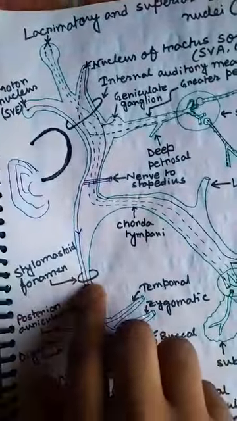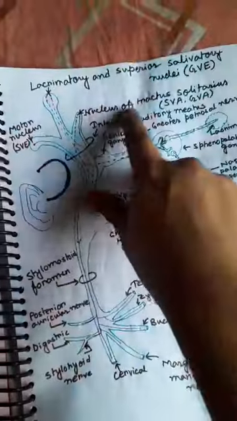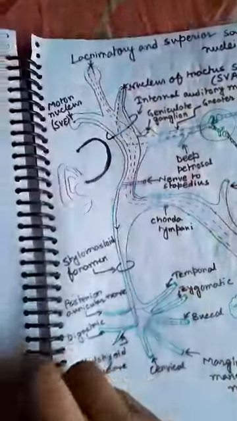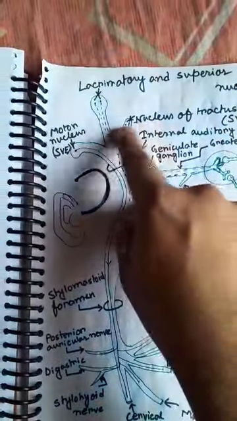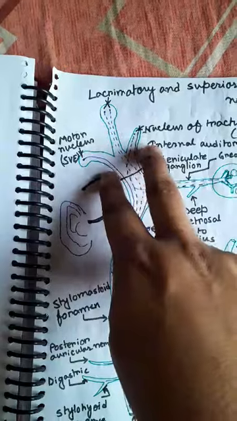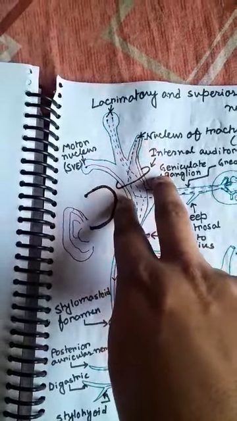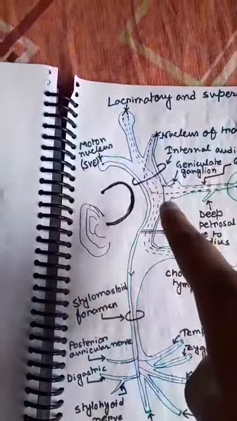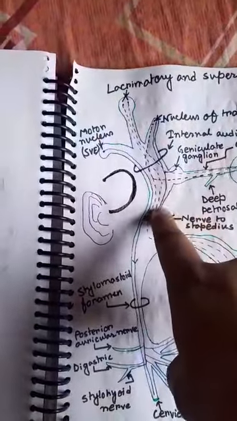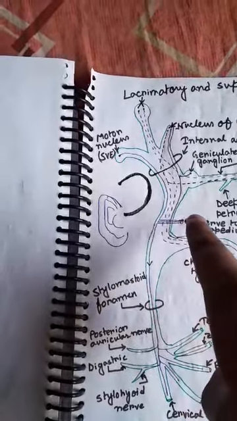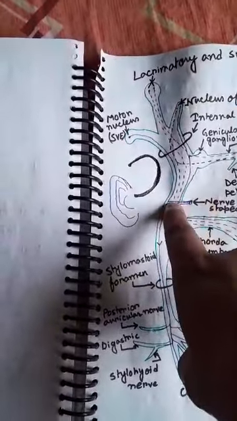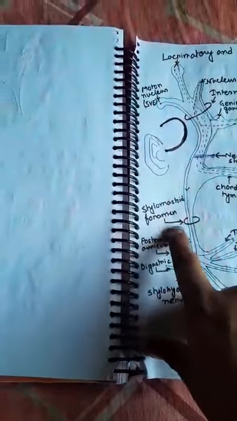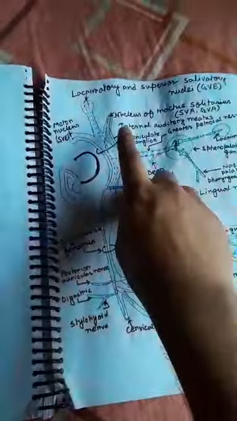This is the stylomastoid foramen. This is the internal auditory meatus. Be careful. These nuclei are located in the lower pons. From these nuclei, the facial nerves come to the internal ear, then go to the middle ear, then they go to the foramen called the stylomastoid foramen.